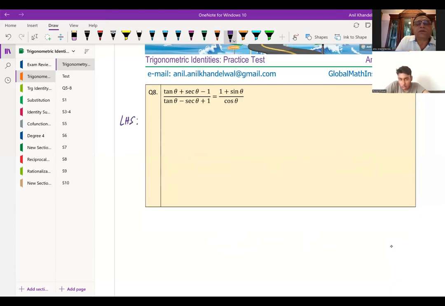And tan theta can be written as sine theta over cos theta. Secant theta is 1 over cos theta. So we have sine theta over cos theta plus 1 over cos theta minus 1, over sine theta over cos theta minus 1 over cos theta plus 1, correct?